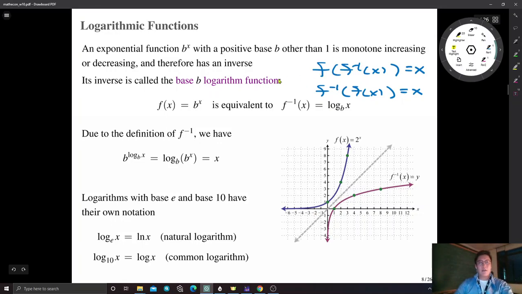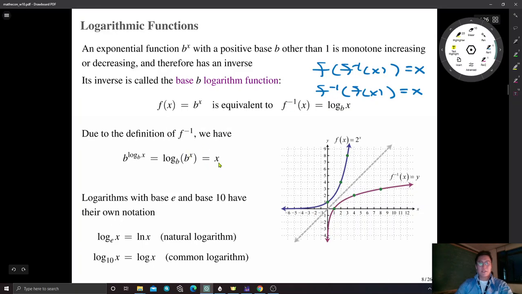So if we define logarithm as the inverse of exponential function, then we have b to the power log with base b of x. That is the composite function between f and f inverse, where the outer function is given by f, the exponential function, and the inner function is given by logarithm.